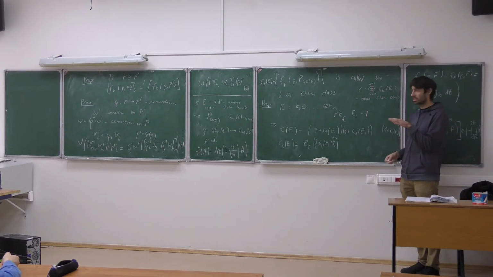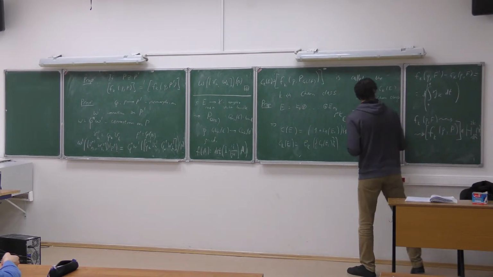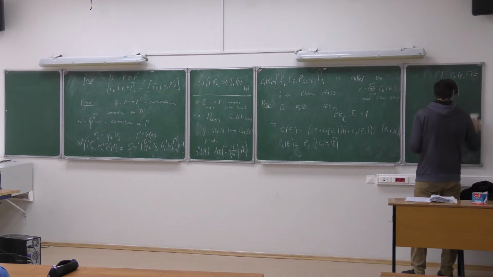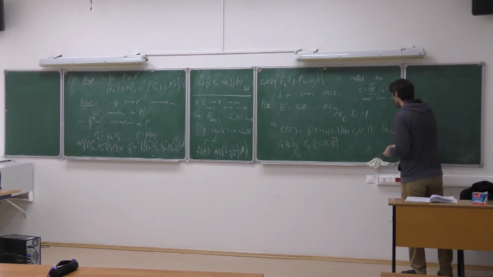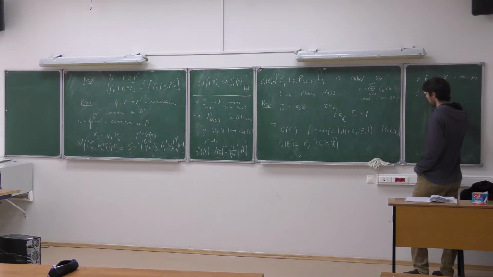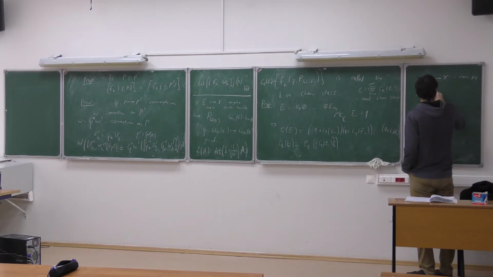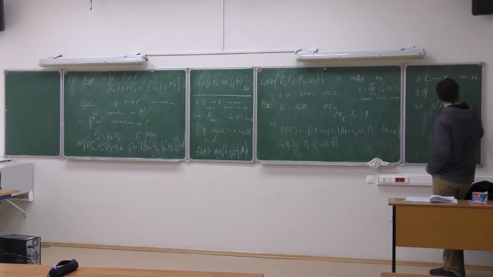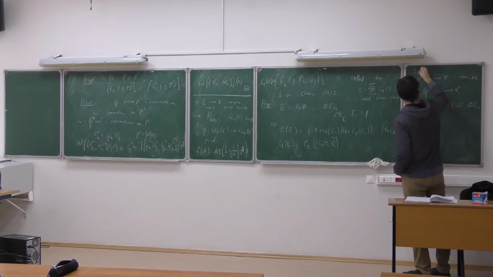The splitting principle says that if I have a vector bundle of rank n, then there exists some smooth map, let's call it phi, from Y to X, such that the pullback of E is a sum of line bundles. So this is called the splitting principle.